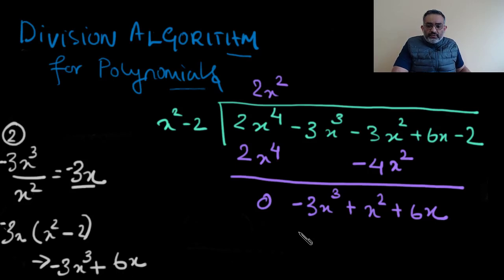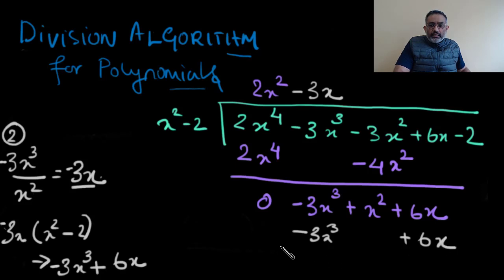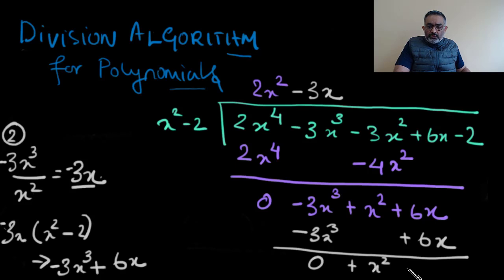Now let's transfer it with this minus 3x over here. This goes here, and this minus 3x cubed, and the plus 6x comes here. So what we get is, this is 0, and we get x squared, and this is 0, and you get minus 2 over here.